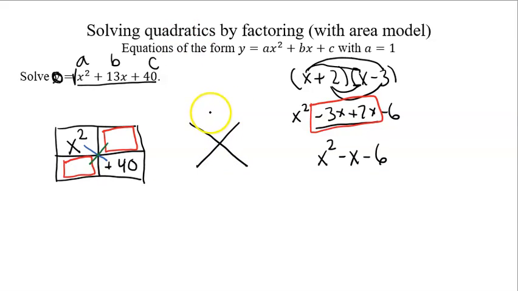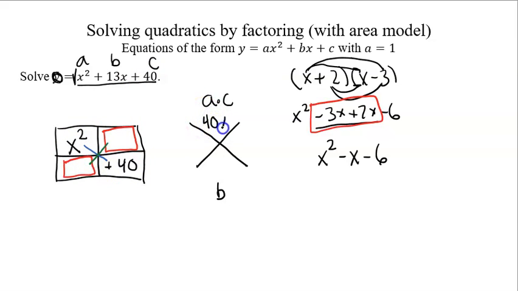And so what I do is this. The number up top is always going to be the product of A times C, and the bottom of the diamond gives me the B term. A is the leading coefficient, so 1 times 40, or x squared times 40 is 40x squared.